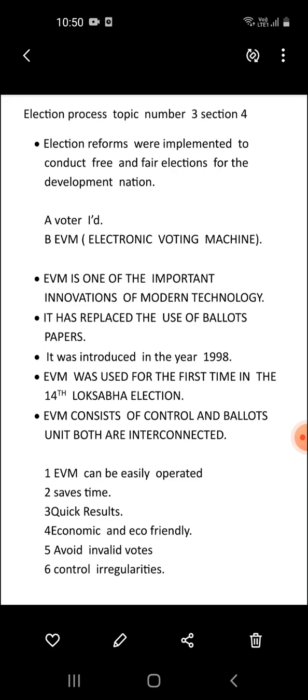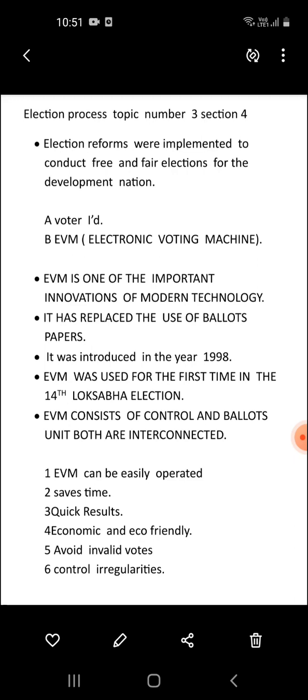Earlier, voting took place with the help of ballot box and ballot paper. Voters would be given a piece of paper where they would find the name of the candidate and then the symbol. Voters should put a seal on the eligible candidate, and later put it in a box called a ballot box.